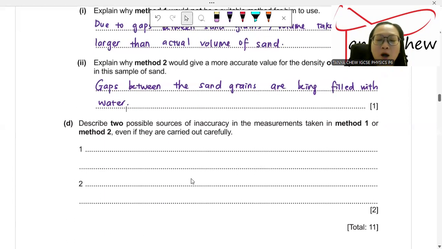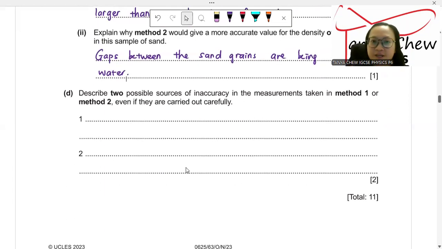Part D. Describe two possible sources of inaccuracy in the measurements taken in either method 1 or method 2, even if they are carried out very, very carefully. So you don't talk about parallax error, you don't talk about not repeating the readings, etc. Because they have mentioned that these two experiments are being carried out very carefully. So I would say that volume 2 that is being calculated might be including the volume of the water.